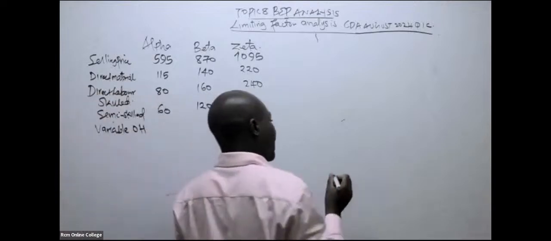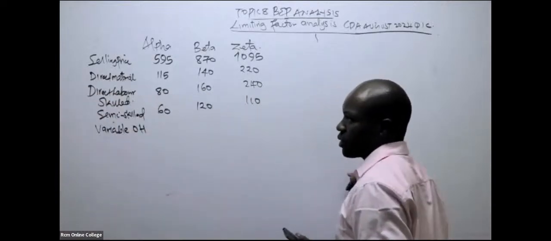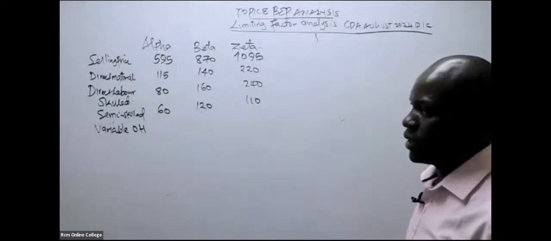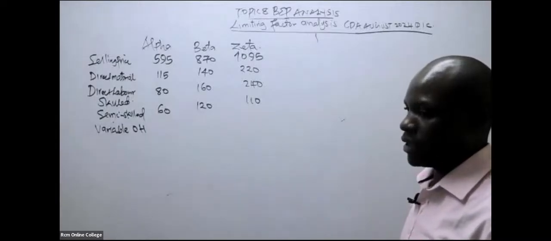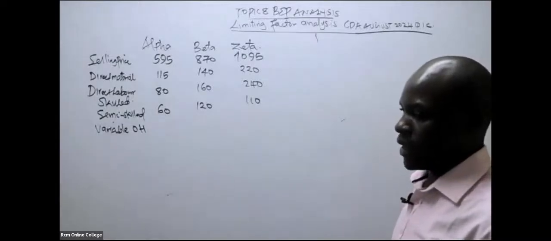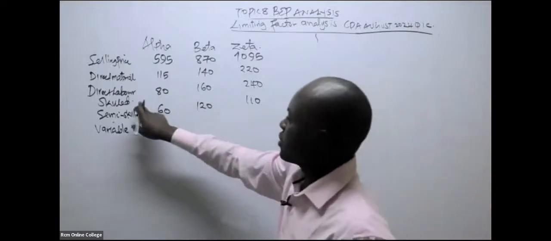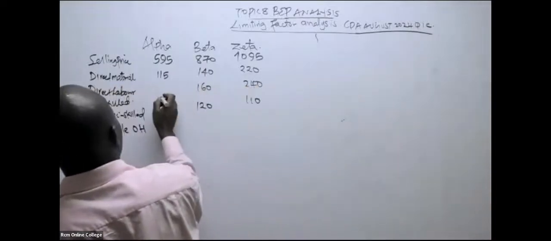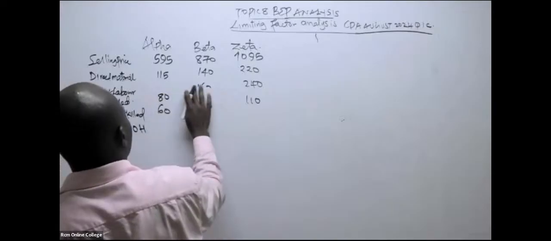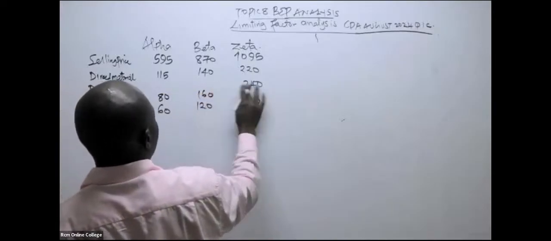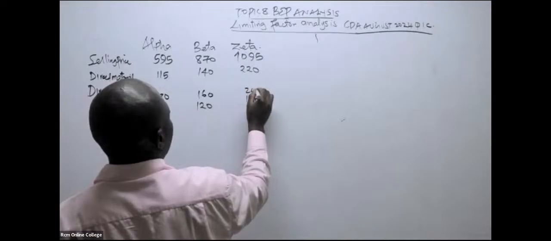We are being told that 100% of it relates to the skilled. So the skilled is this one here. It should be 80, 160, 240.